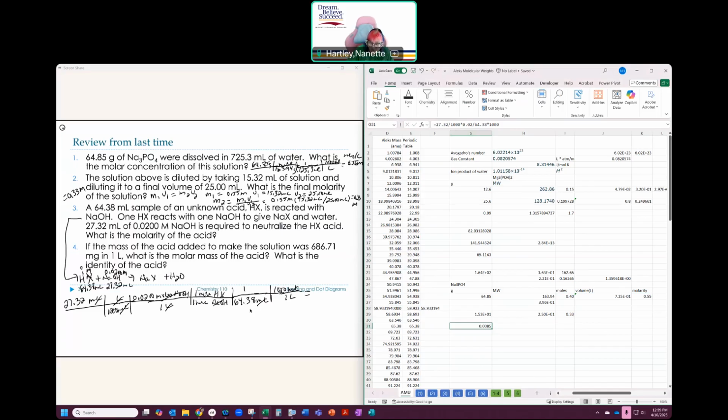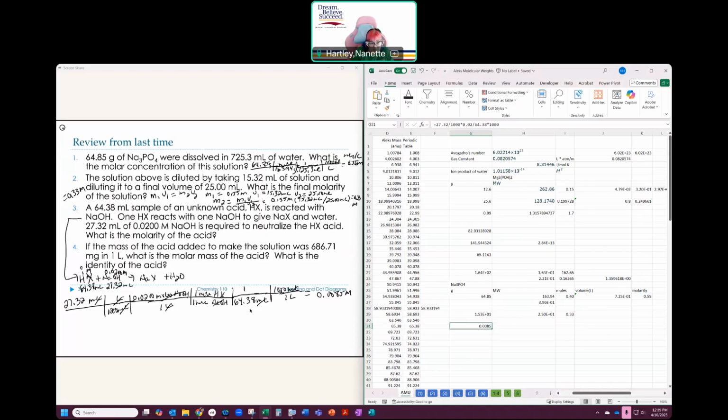The number I'm looking at, 0.0085 molar, makes sense. I know that NaOH is more concentrated than my HX due to the difference in the volumes. That NaOH has to be a lot more concentrated because I use a much smaller volume than my HX. Okay, so that's what I've got there. Cool with that.